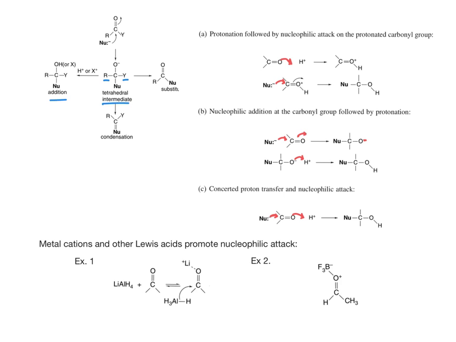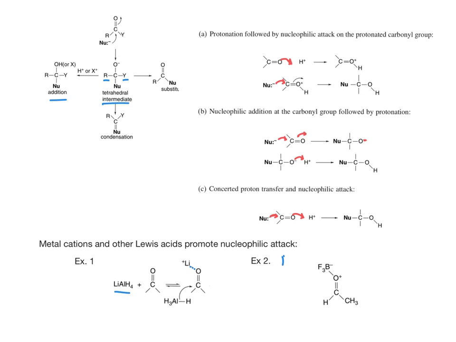Now, I want to point out in this section that metal cations and other Lewis acids promote nucleophilic attack. So, for example, when you have lithium aluminum hydride getting added to a carbonyl, that lithium cation is going to be pulling some of this electron density off of the non-bonding electrons on the oxygen, and that is going to put a bigger delta positive on your carbon.